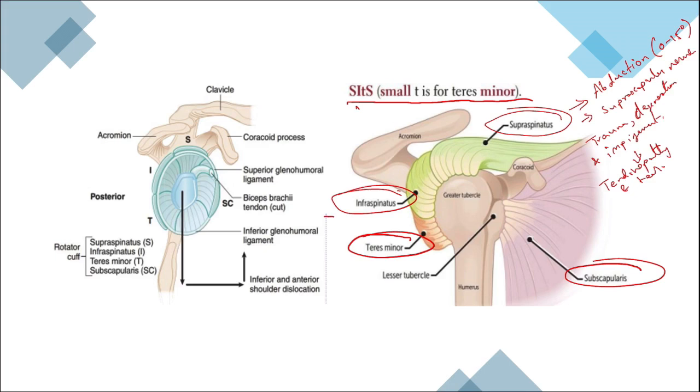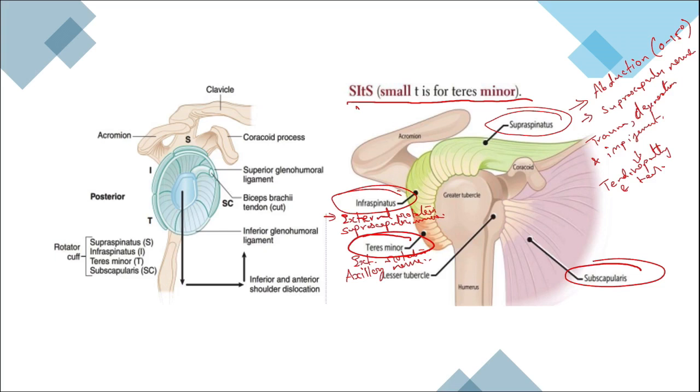Okay, next we are going to discuss infraspinatus. This infraspinatus mostly helps with external rotation, and it is also innervated by the suprascapular nerve. Next, teres minor. Teres minor also does external rotation, but this teres minor is innervated by the axillary nerve.